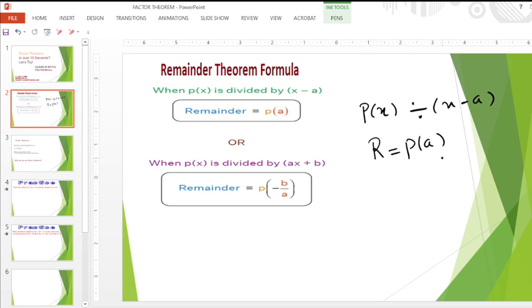That is your remainder. But when this remainder is equal to 0, then x minus a is a factor of p(x). That is, this divisor is a factor of this dividend. Okay, so I hope it's clear. This is the remainder theorem, and when the remainder is 0, that is the factor theorem. So they both are related.